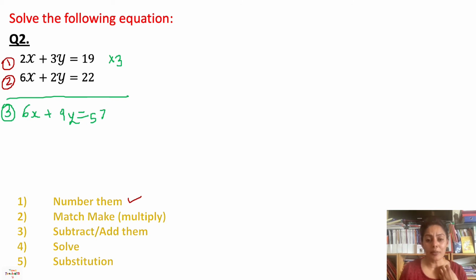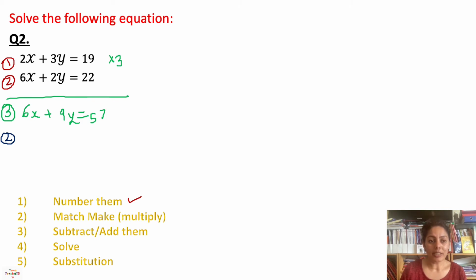So now my third equation has transformed into 6x plus 9y equals 57. Now, remember, because I've got number 2 here, I don't need to do anything different to that because I've got the 6x. So all I'm going to do is write equation 2 here, because I'm going to take it away from that.